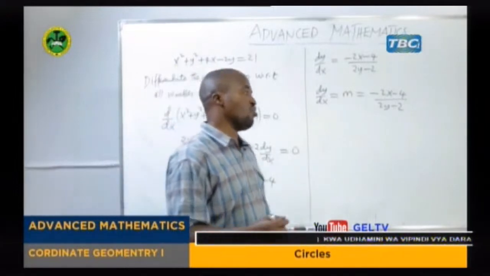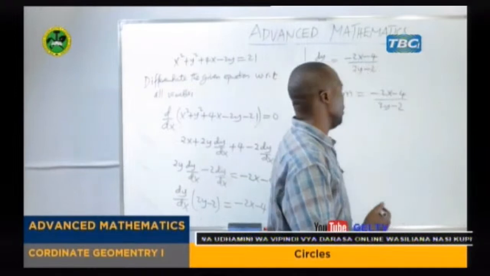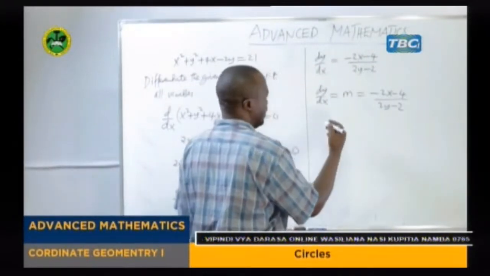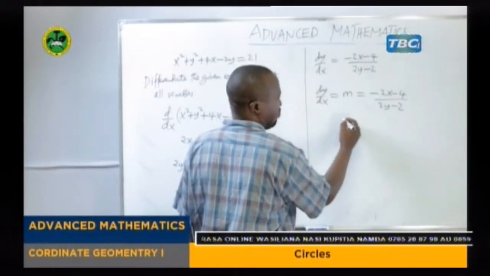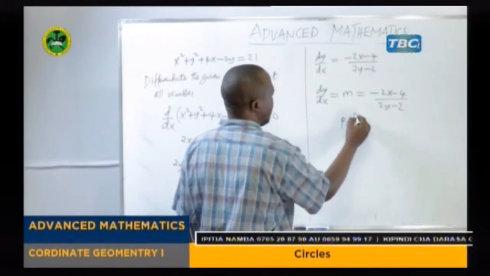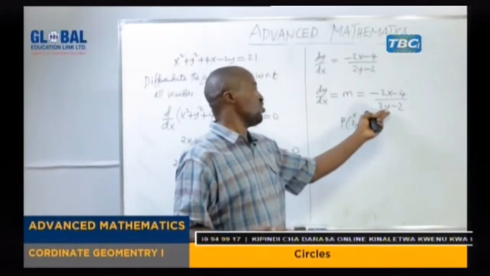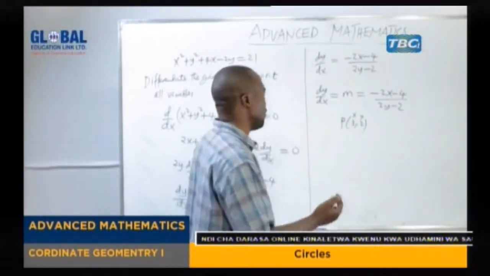But here we have the coordinate, that is 3, 2. So we can substitute the coordinate. Our coordinate is P(3,2). Of course this is x and y. So we substitute in our slope so to get a number.